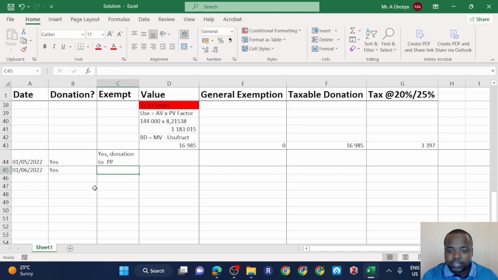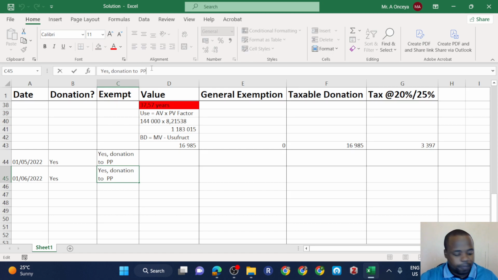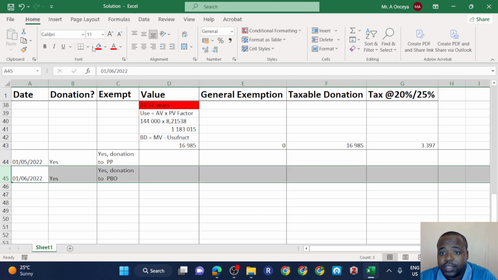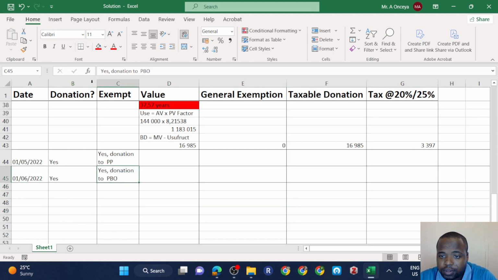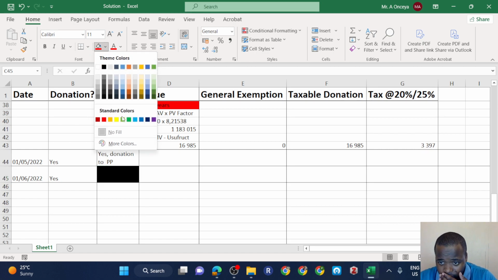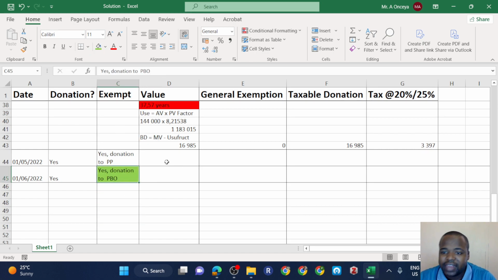Yes, he has gratuitously disposed of property to a public benefit organization. Is it exempt? Yes, because it's a donation made to a PBO. And then remember, for this one, it was made to a PBO. It will have normal tax computations because you can claim it as a deduction.